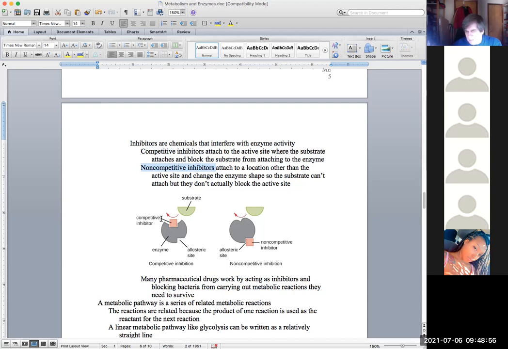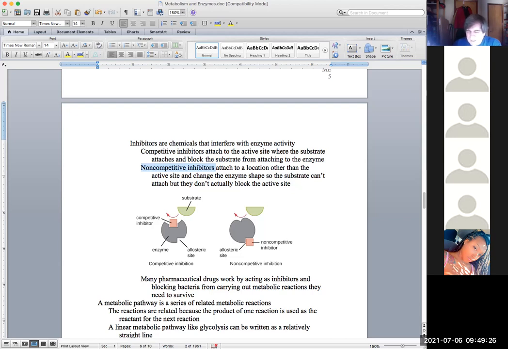You can kind of tell up here the active site has a kind of a half moon shape for the substrate to fit into. When a non-competitive inhibitor attaches at the allosteric site, it changes the shape of the active site, and it changes it in such a way that the substrate can't attach. So again, this is going to slow down the reaction.